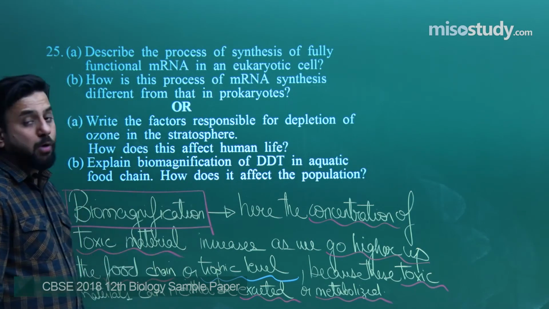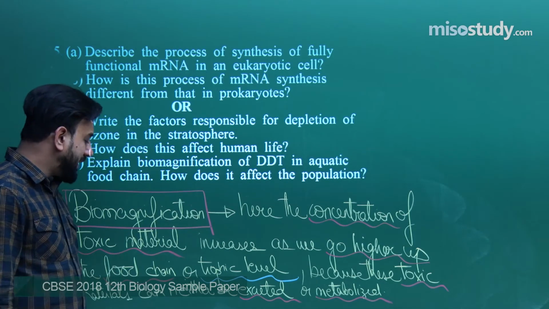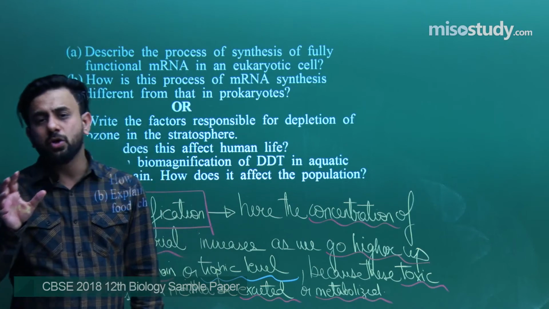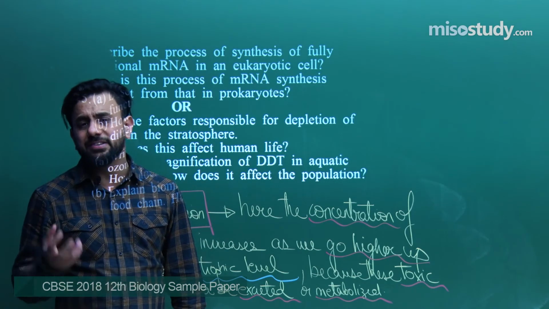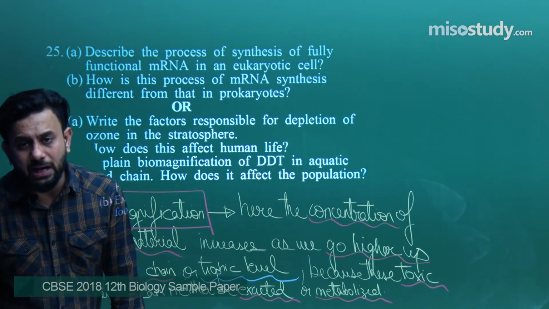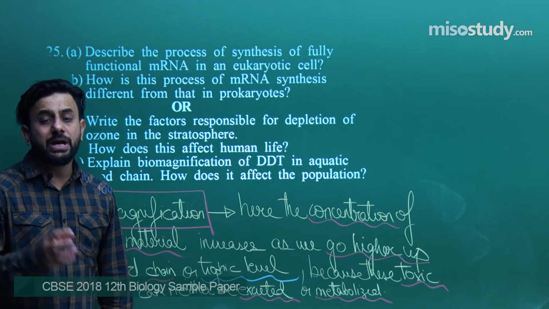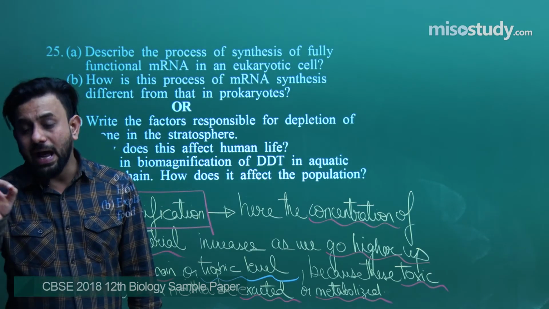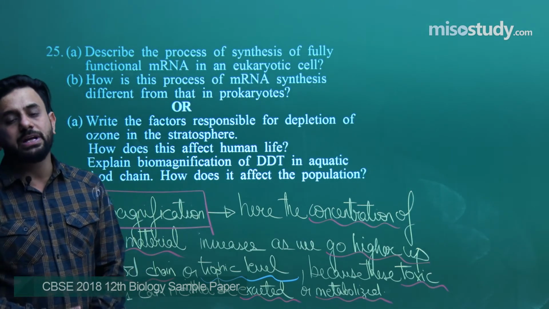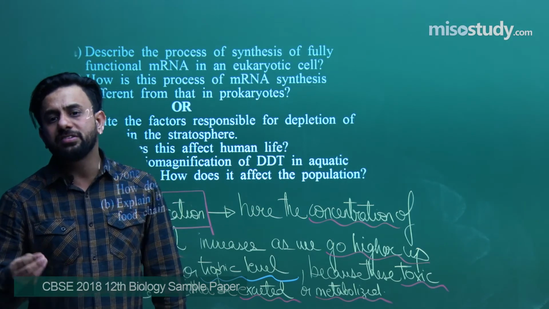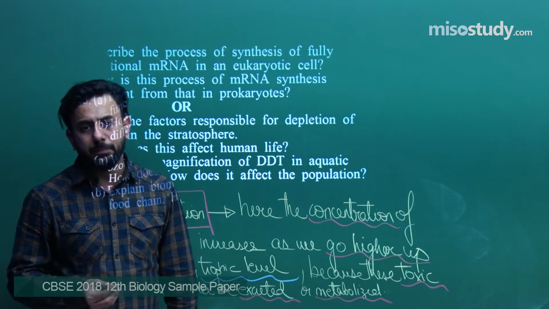And how does it affect the population? Let us take the example of a fish. In water the concentration of any toxic material, say DDT, will be less. The zooplankton, which is an animal in the water body, will eat this DDT, say at 0.2 parts per million.